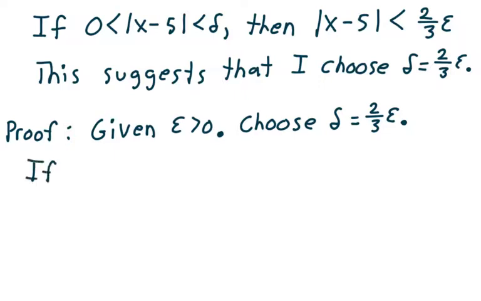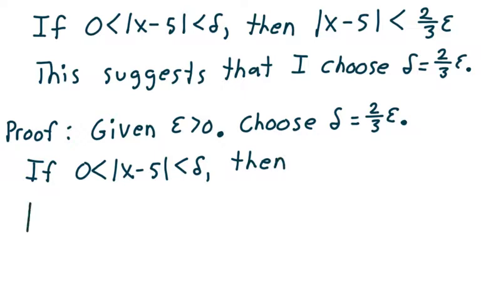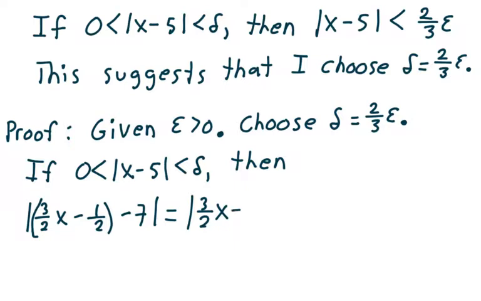If 0 is less than the absolute value of x minus 5, which is less than delta, then I'm going to take 3 halves x minus a half, and I'm going to subtract 7. But this is 3 halves x minus 15 over 2. Okay?